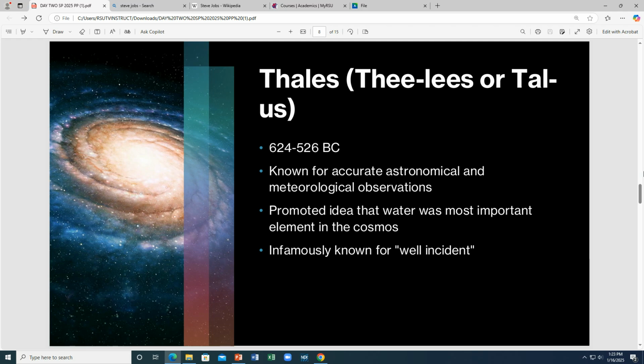Something he's famously known for, or infamously known for, is his well incident. Did any of you read that? No? So in looking at the cosmos and looking upwards to the heavens, as they would call it, he actually fell into a well. So that's the well incident I refer to, and it gives us just a little bit more detail in the textbook.